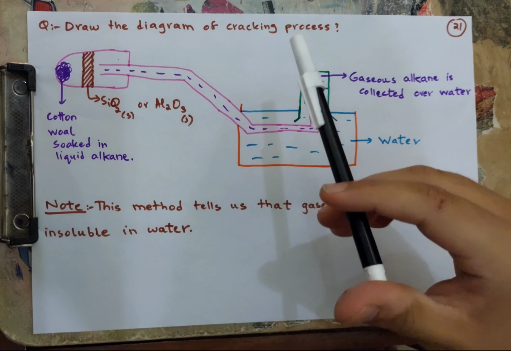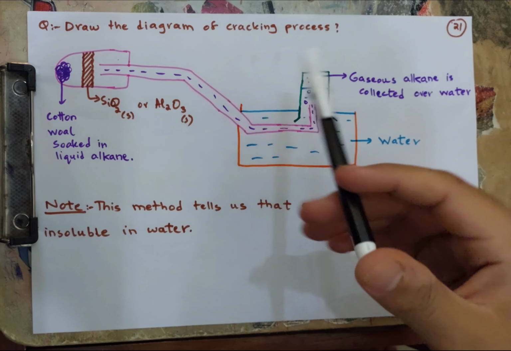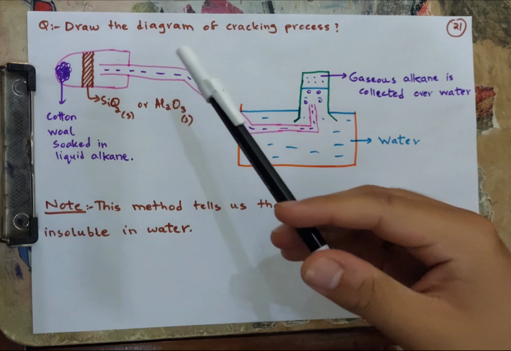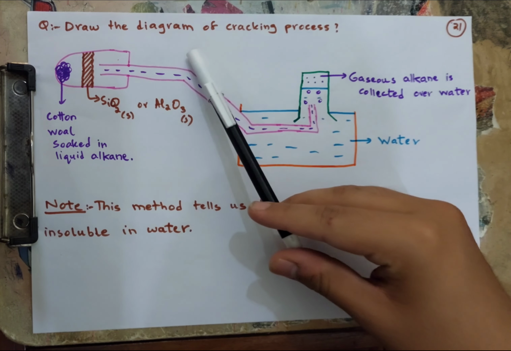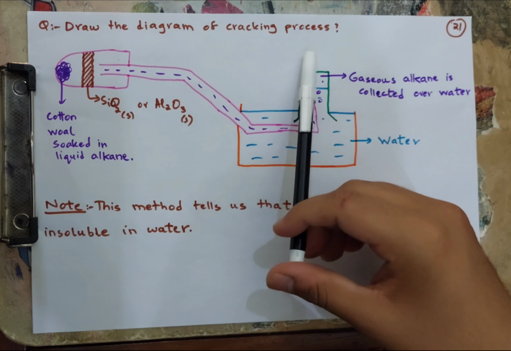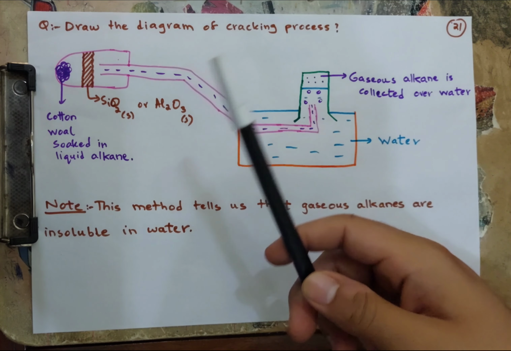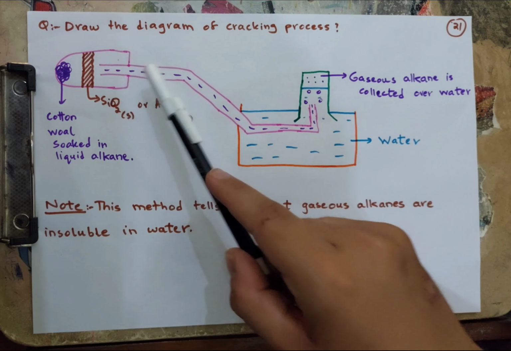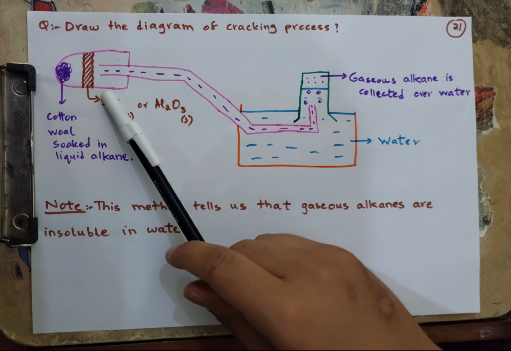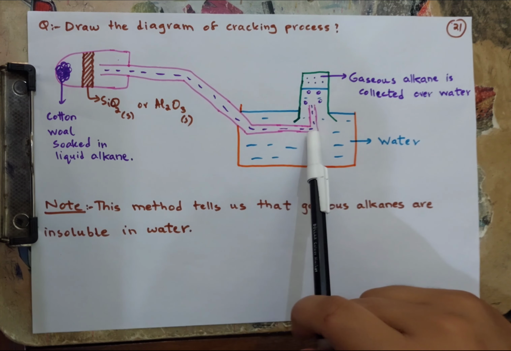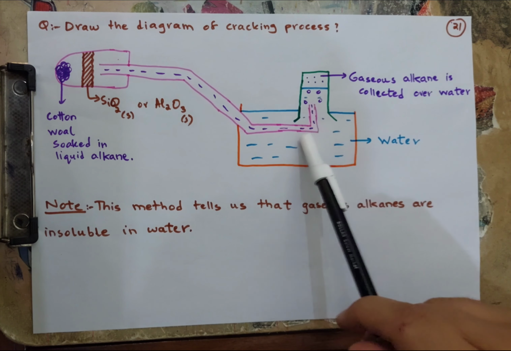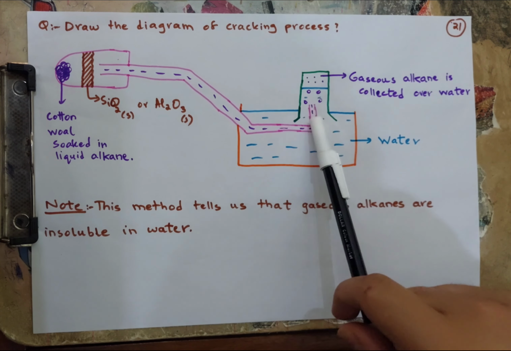Okay, now as we have studied the cracking process chemical reaction and the balanced equation, we are going to discuss the diagram of the cracking process, how it takes place. Here there is a tube and a pipe is inserted in the tube, which goes through a beaker, and again a beaker is installed over here.